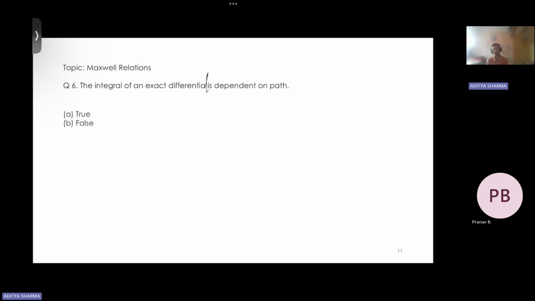So exact differentials have been discussed in Maxwell relations topic. Okay. So while I was discussing this topic in the topics section of the session, that is the previous session section, there I told that the idea of using exact differentials in thermodynamic studies is that exact differentials are path independent.